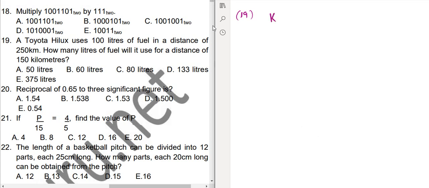So for kilometers and liters of fuel, right? Yes. So when it is 250 kilometers, how much fuel was used? 100. Therefore, when it is 150 kilometers, how much fuel will be used? This is multiplied by this and divided by this, right?